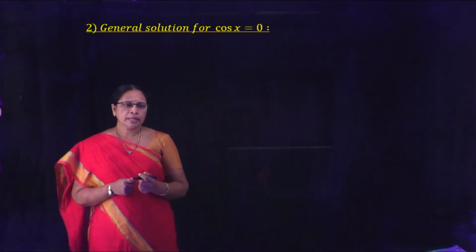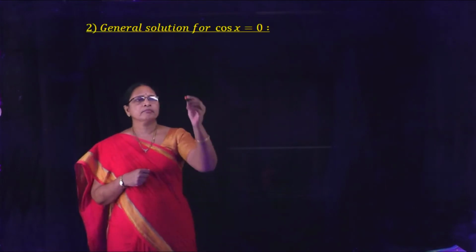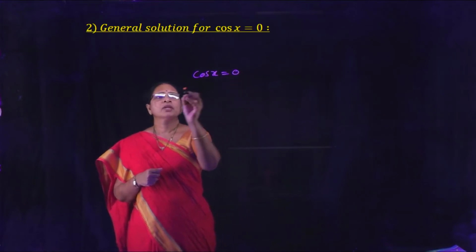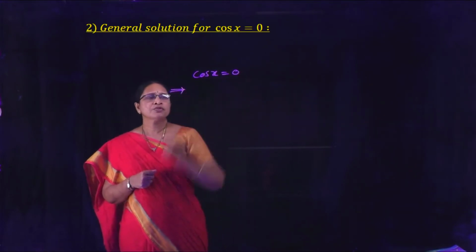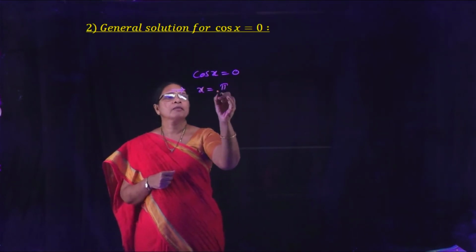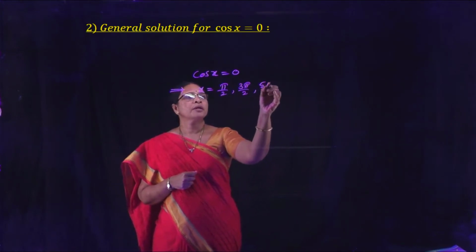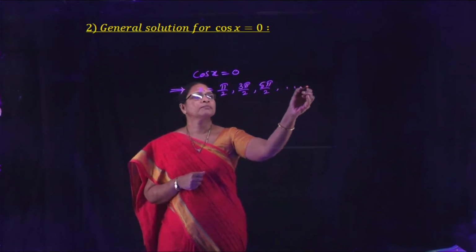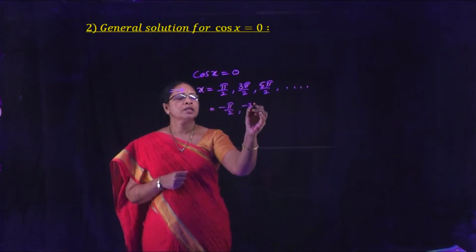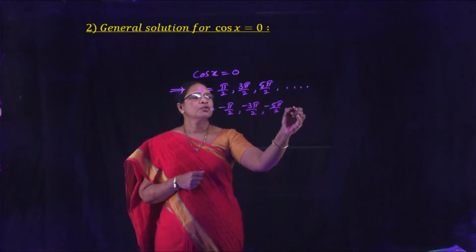Next we have to find the general solution for cos x is equal to 0. Here cos x is equal to 0. The values of x satisfying cos x equal to 0 are x is equal to pi by 2, 3 pi by 2, 5 pi by 2, and so on, and also minus pi by 2, minus 3 pi by 2, minus 5 pi by 2, and so on.